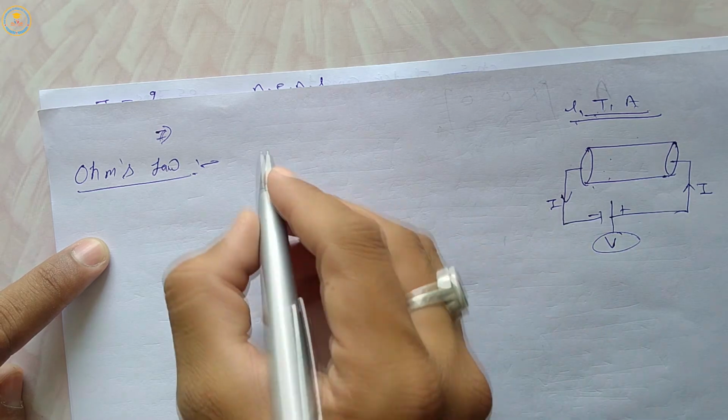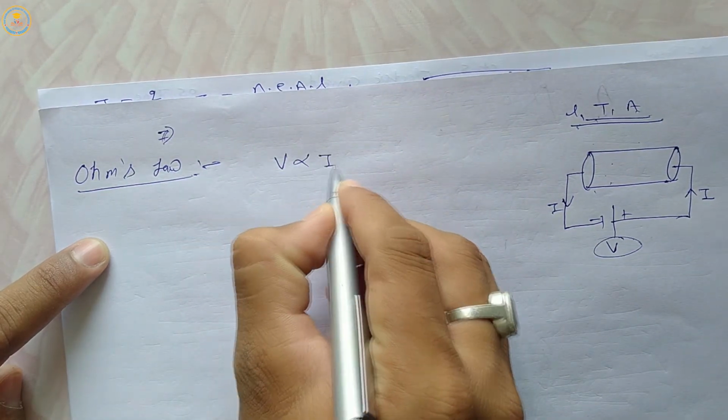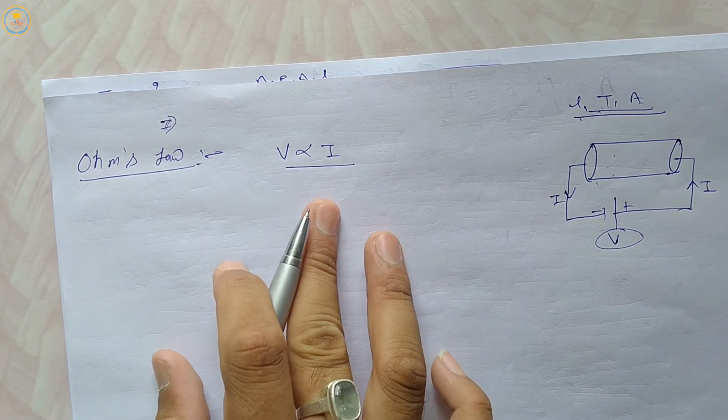So in mathematical form, we can write V is directly proportional to I. This is Ohm's law.